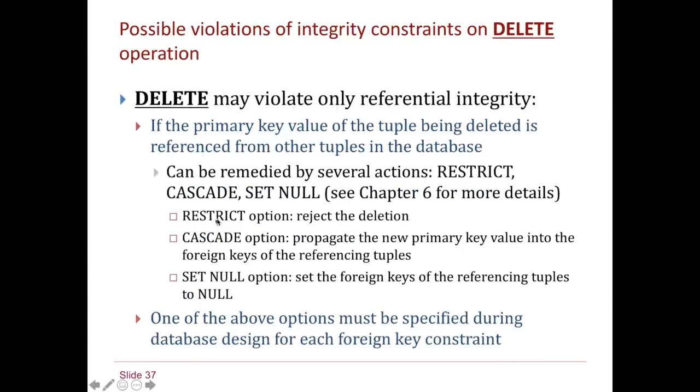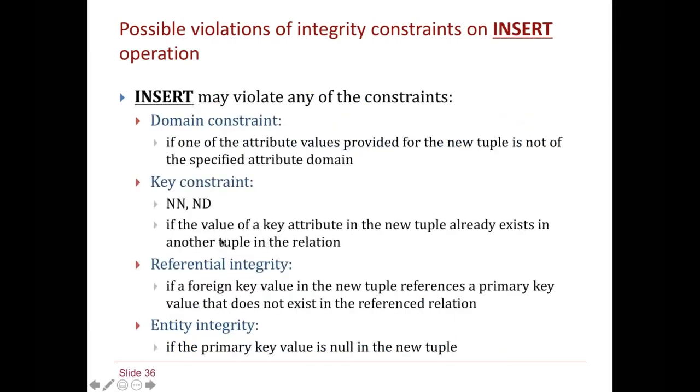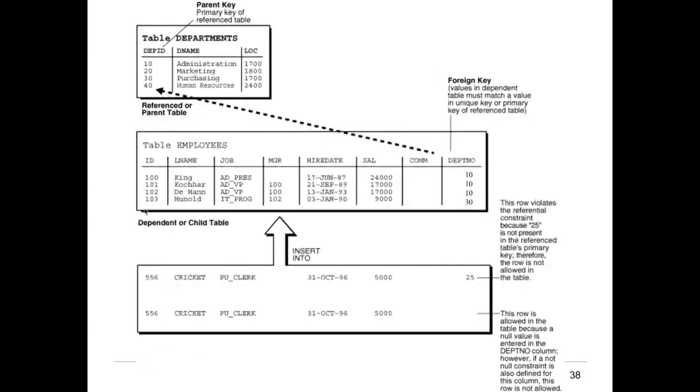That is restrict. Second, cascade. Cascade means that if we are deleting some record or tuple for which there are references in any other table, then delete the record from the parent table, as well as all the records from the child table. If we want to delete a tuple where department ID is 10, it will be deleted from the parent table.